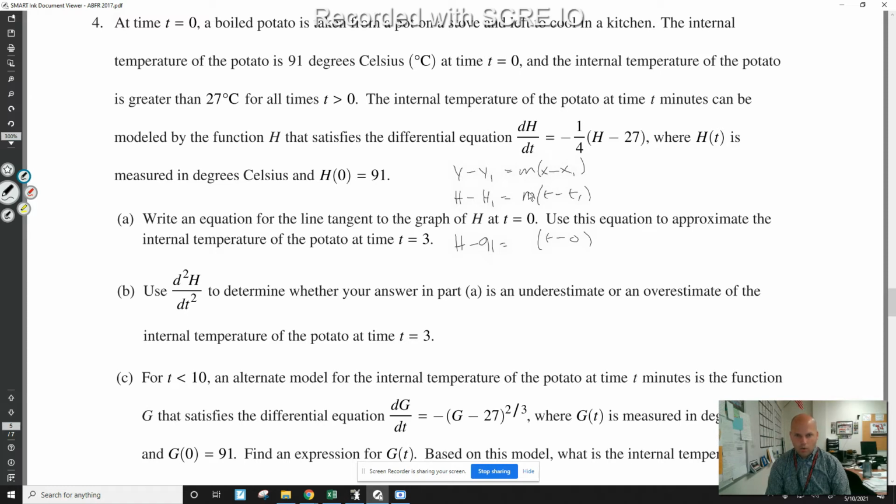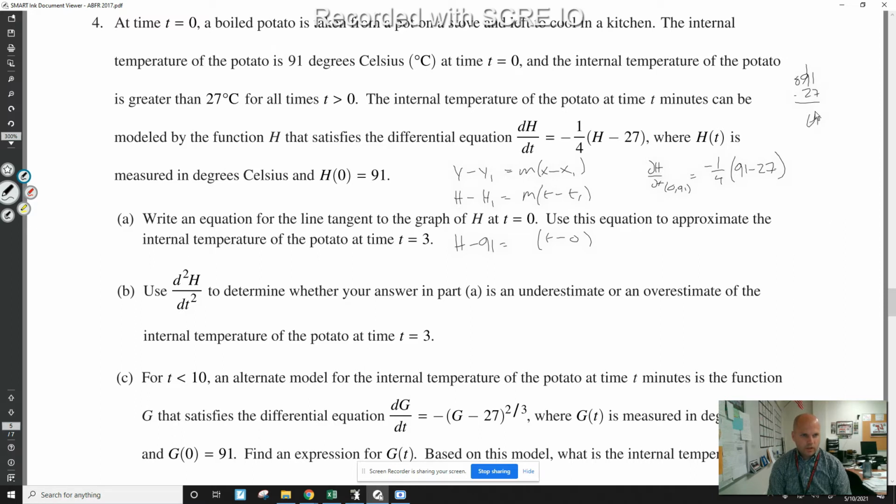Now, all we need is dH/dt at t = 0, h = 91. So what's dH/dt there? It's negative 1/4 times (91 minus 27). Might as well figure out what this is. I know you don't have a calculator, but whatever.